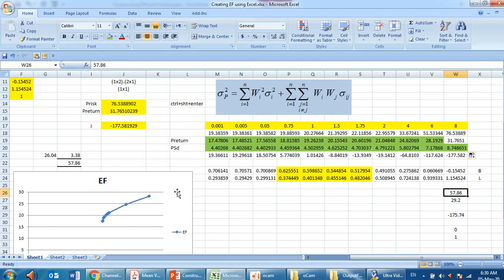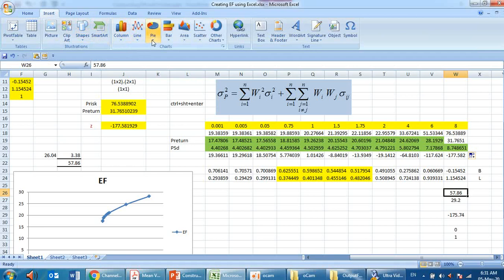Now short sales, what happens? When you move up, the difference between short sales allowed and not allowed becomes prominent. Till here, the answers for short sales allowed and not allowed are more or less the same. But when we move up, the short sales not allowed will have a lower value as compared to short sales allowed. Sorry, my mistake.